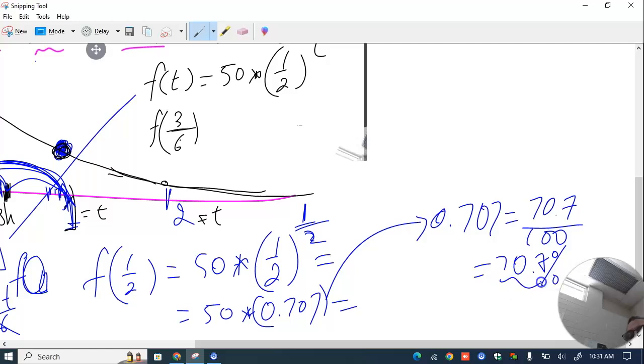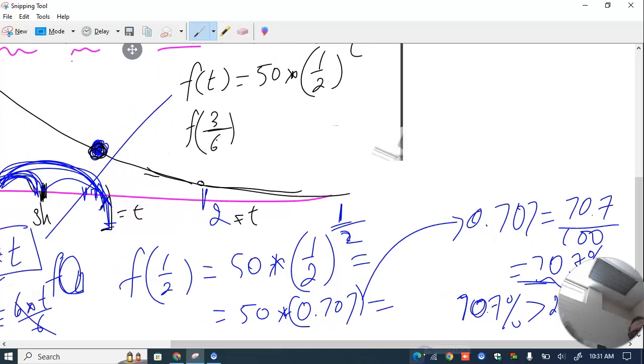And you can see this number, 70.7%, is greater than 25, because they were asking about more than 25. So there is more breakdown of the caffeine in the blood.